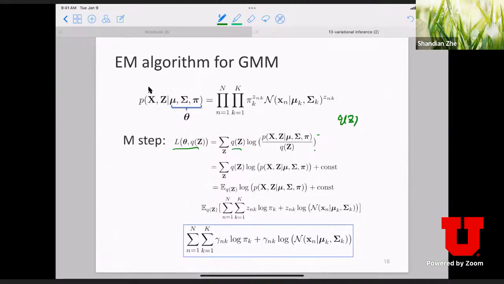When we take out this Q of Z, log fraction is log minus log. So Q of Z, log Q of Z, has nothing to do with the parameters we want to estimate. It has nothing to do with mu, sigma, and pi. Those are the things we want to estimate. So it's constant, and you can just throw it out. That means our lower bound can be viewed as the expectation of a log joint probability under Q of Z plus some constant.